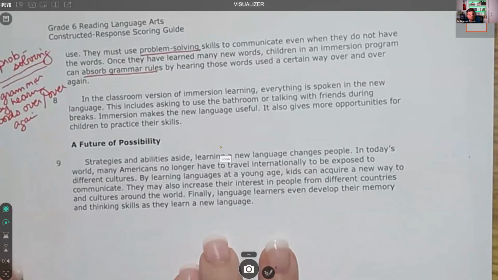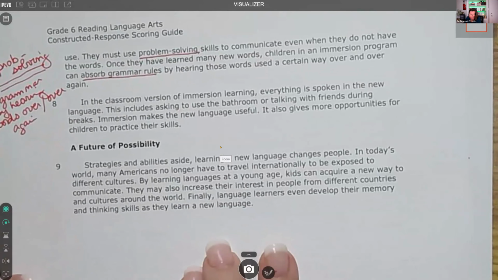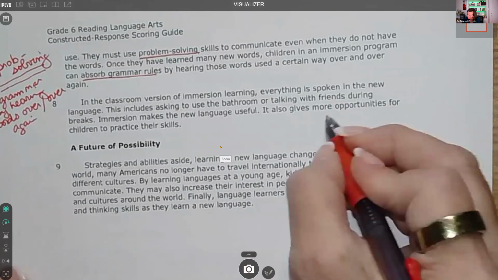In the classroom version of immersion learning, everything is spoken in the new language. This includes asking to use the bathroom or talking with friends during breaks. Immersion makes the new language useful. It also gives more opportunities for children to practice their skills.